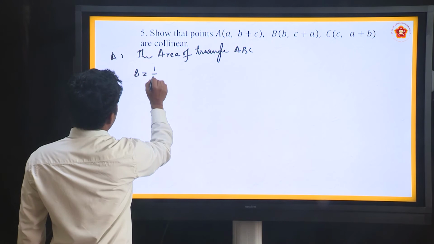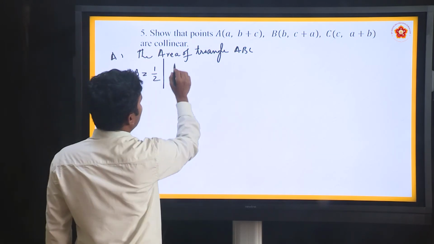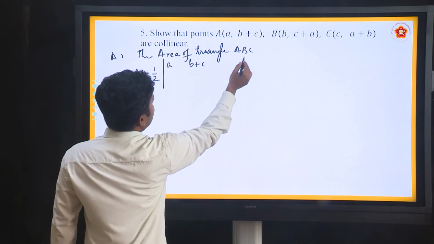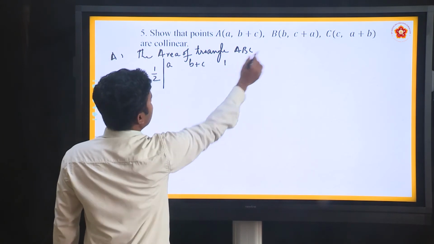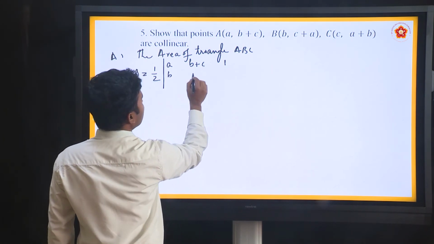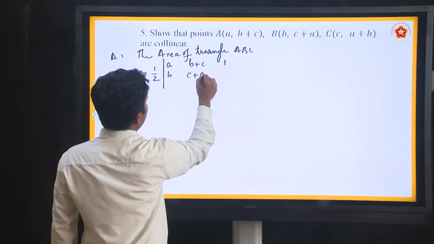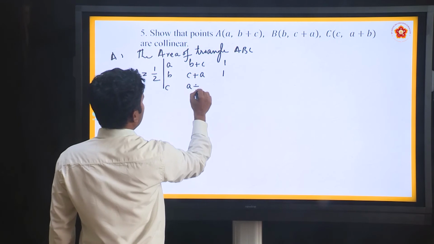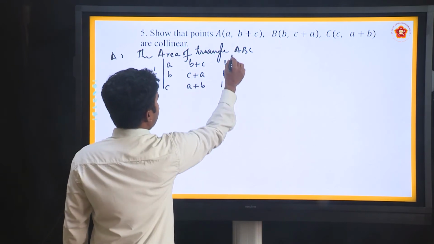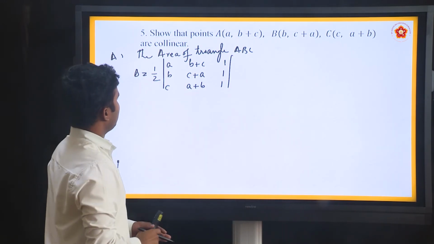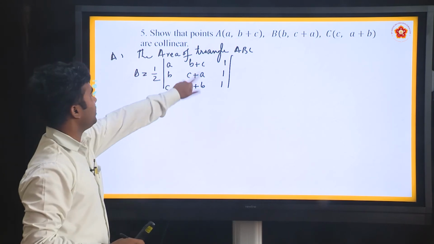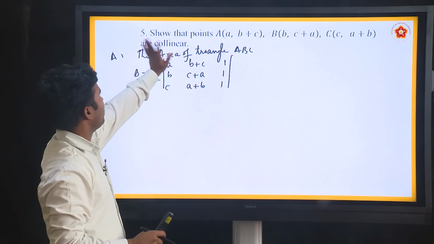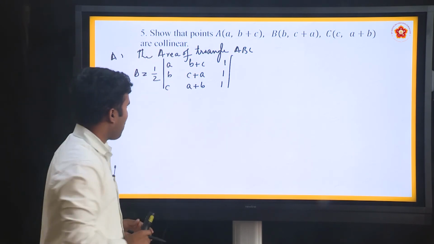Delta is equal to half into the determinant of A, B plus C, 1; B, C plus A, 1; C, A plus B, 1. So we have to show that delta, we have to prove that this determinant is 0. If you do that, then the problem is done.